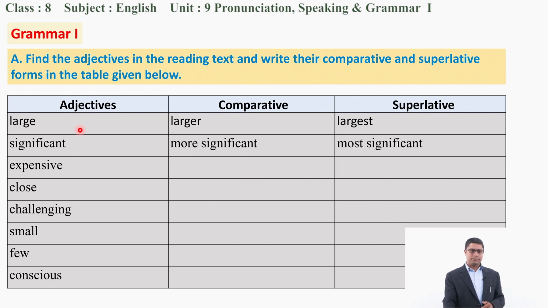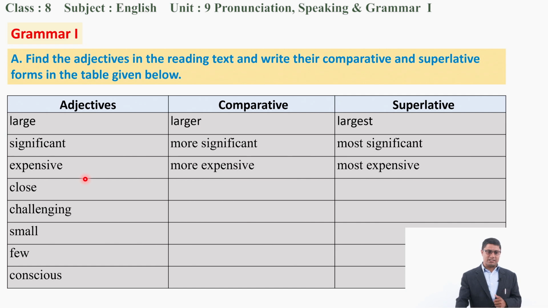Now, next word. What's the next word? Expensive. Okay, can you say the comparative form of expensive? What did you say? Expensive? No, it's not. Okay, yes, it is more expensive, not expensive. Similarly, the superlative? Very good. It's most expensive.